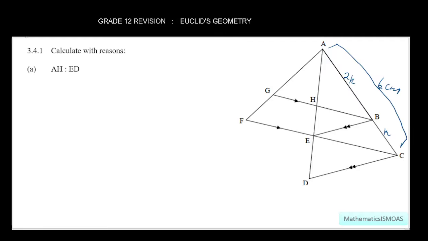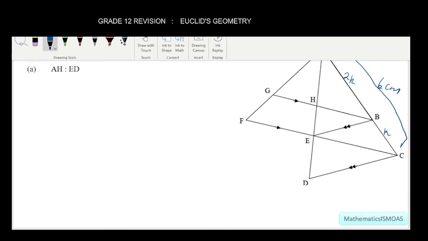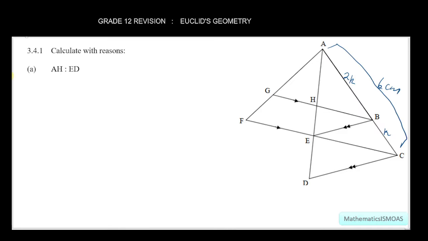Now, where is AH? Where is ED? Here is AH, and then we have ED. You see now AH and ED, the ratio AH to ED.